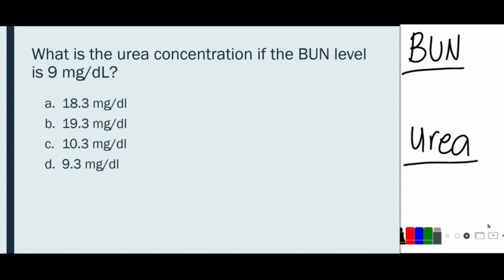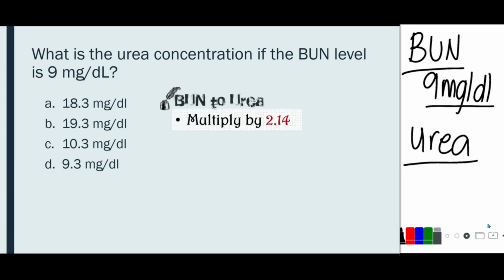Thus, you could be asked to convert your BUN level to urea and vice versa. In the question, we are already given the BUN level which is 9 milligrams per dL and we are asked to convert it into its urea level. So very easy, guys. What you have to memorize is the conversion factor. If you are to convert BUN to urea, you simply multiply the BUN level by 2.14.